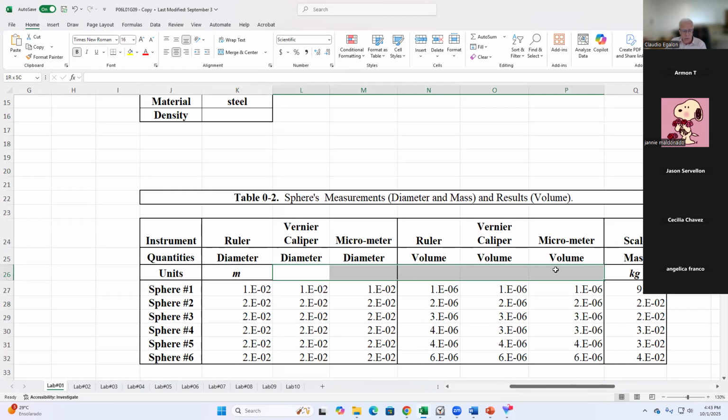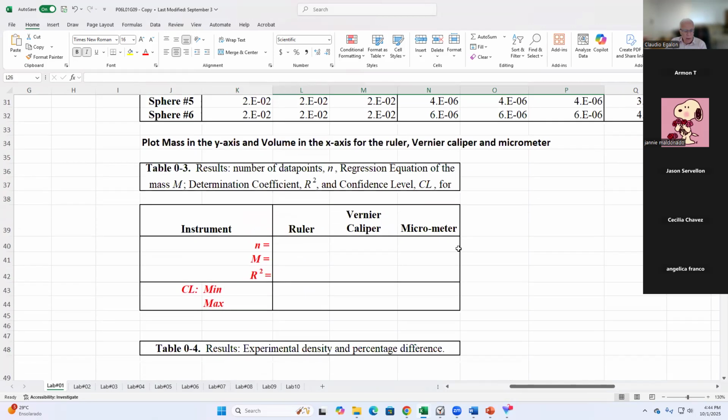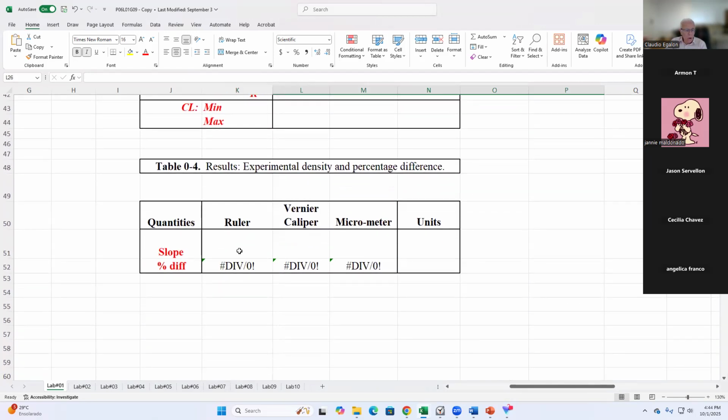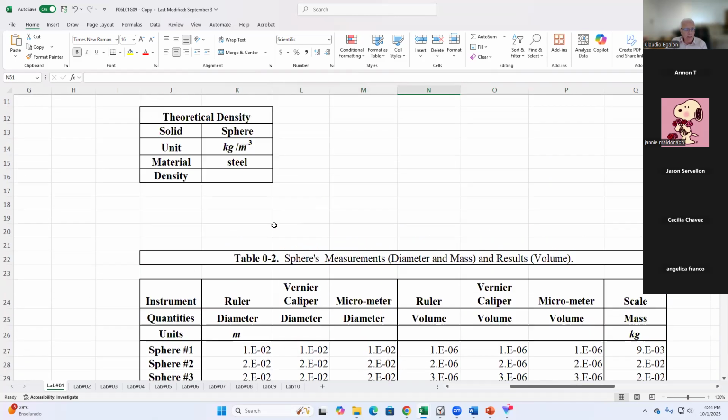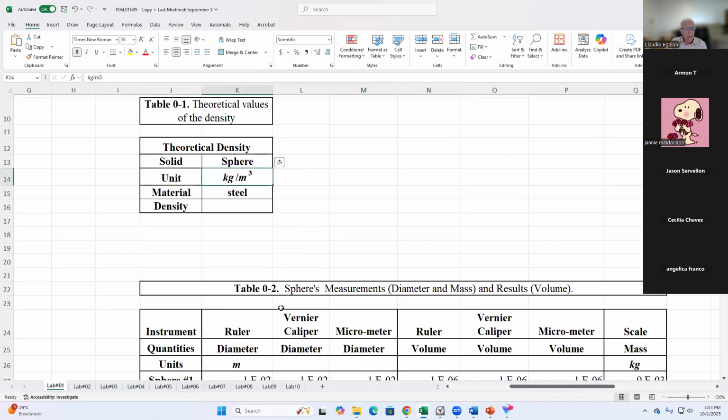Did you fill up those ones here? Yeah. Okay, so next, the slope here. Did you fill it up? Yeah, I have the slope and the percentage difference. Exactly. And the unit of the slope is exactly the same as the unit of the density.